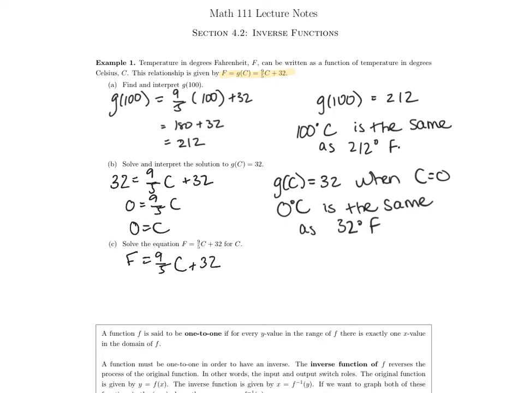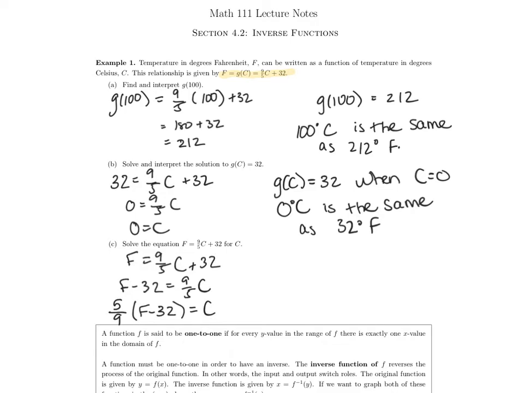I'm going to do that by subtracting 32 on both sides. From here, you can either do this in 2 steps, multiply both sides by 5 and then divide both sides by 9, or you can multiply both sides by 5/9. We get 5/9 times F minus 32 is equal to C. So we've solved to get C by itself.